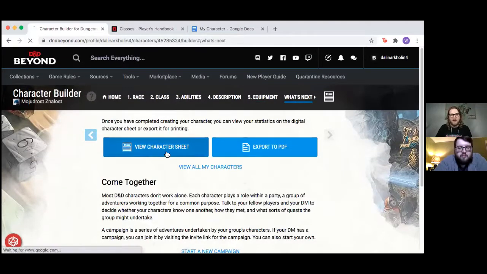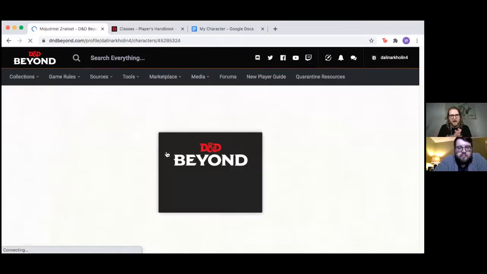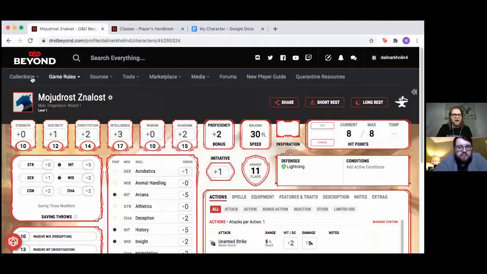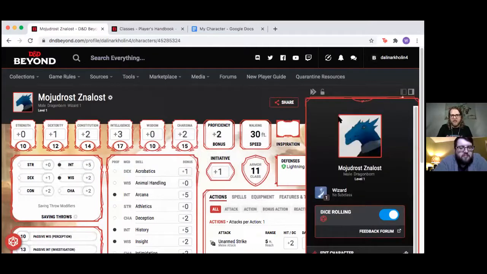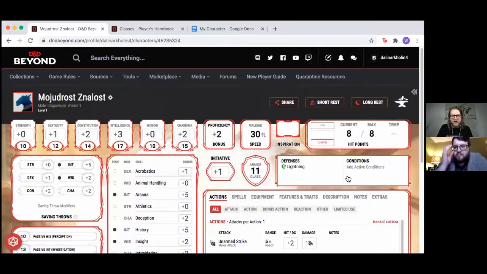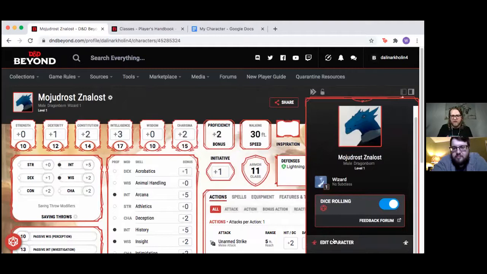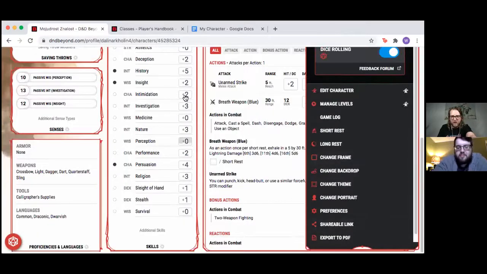And now we can view the character sheet. We're almost done sharing screen here, looking at D&D Beyond. But here's a picture of my character, and we can change things here. Like, I'm a blue dragon, so I don't want all this red framing here, so I'm going to change the theme.